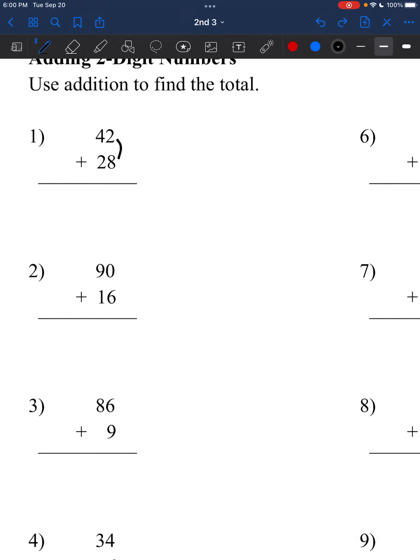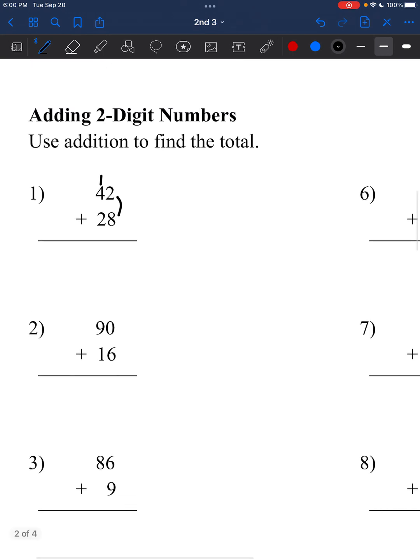We have to put the tens placeholder. So remember I said that number on the left has to go up here, and then 0 comes down here because that was the ones place. And then you add all three of these numbers. So 1 plus 4 equals 5. 5 plus 2 equals 7. So we drop the 7 down here. And our answer is 70.